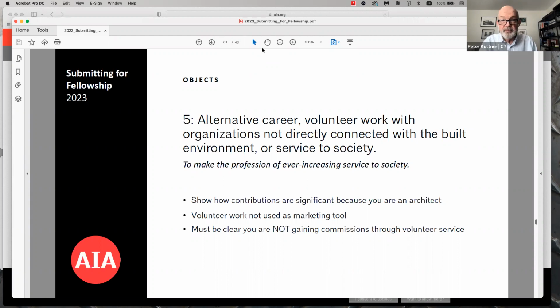But for the fellowship, it's got to be pretty straight up volunteer, helping out. You're contributing architecture skills to an organization that's not doing architecture or directly impacting it, but benefits from having an architect on their board or on running some of their committees, things like that.